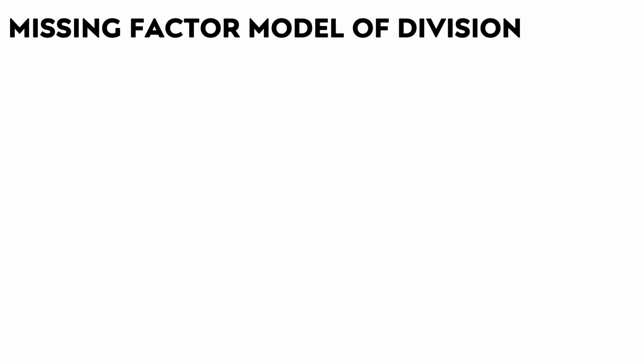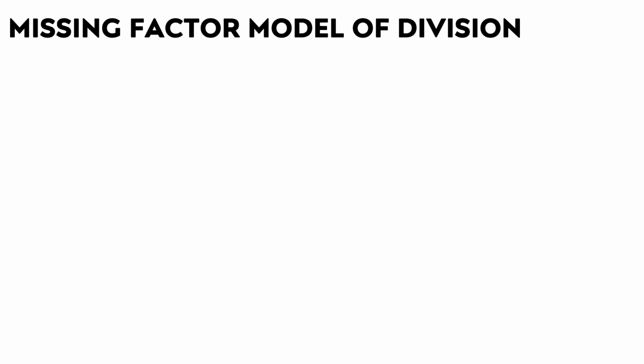The last model we're going to look at is called the missing factor model of division. This model is more general than the previous 2 models. Your goal is that once students have a good grasp on division, hopefully they're using this missing factor model each time.